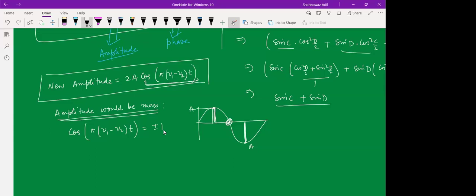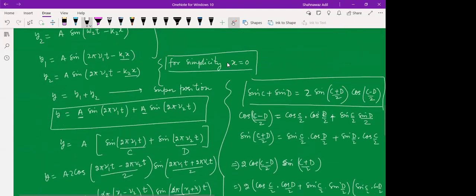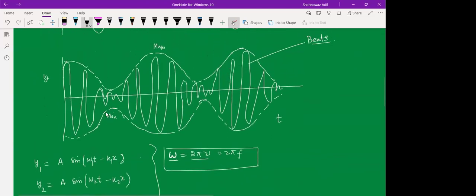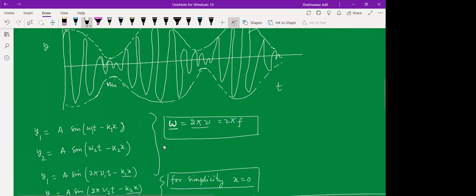For the minimum case also, we are counting it as waves are adding up in the negative direction. So whenever I am saying maxima or minima, what I mean is that this is my minimum, because both these are contributing to the maximum part. This is going in the below part, this maxima is in the below. So whenever I'm saying minima, I'm saying that in the context of this zero part.